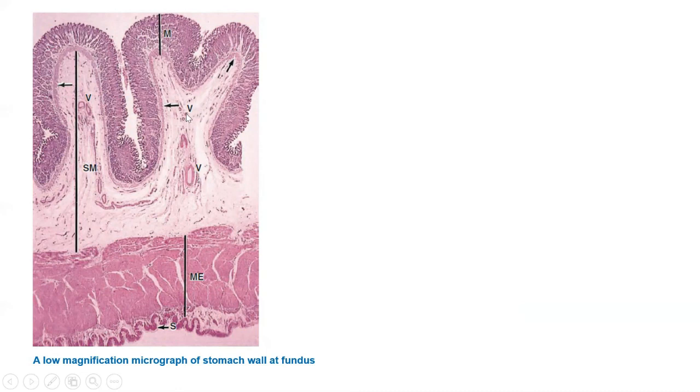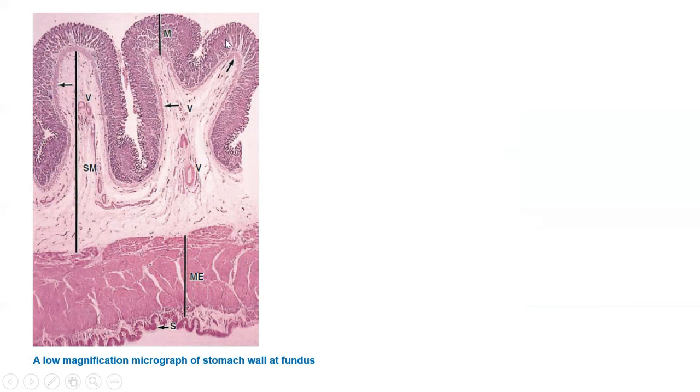Submucosa contain numerous blood vessels, and this is muscularis externa. This is the outer longitudinal, this is the middle circular and inner oblique. And the outermost layer, this is the serous layer.